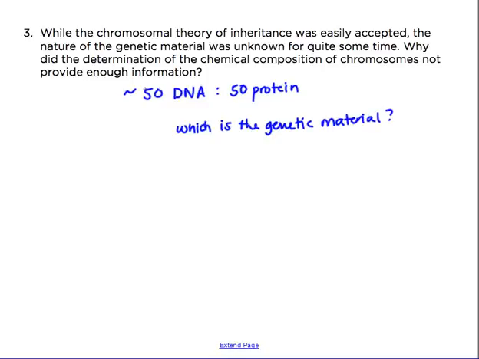So this initial discovery of the chemical composition of chromosomes didn't really give enough information, and later scientists like Hershey and Chase's experiment is really what found out that DNA is the actual genetic material. But this initial chemical composition discovery wasn't enough.